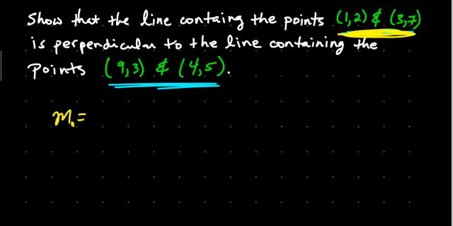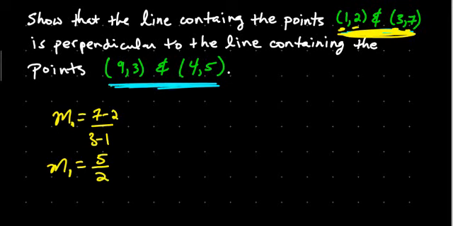M1 is going to be 7 minus 2 over 3 minus 1. So M1 equals 5/2. Okay. Get that one in magenta.